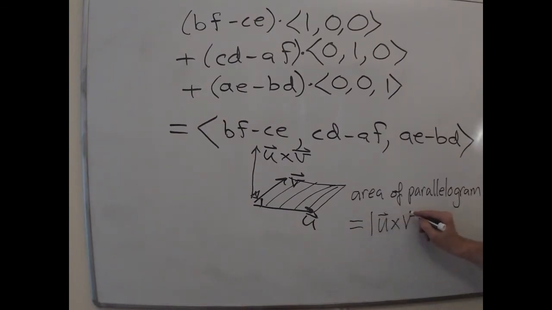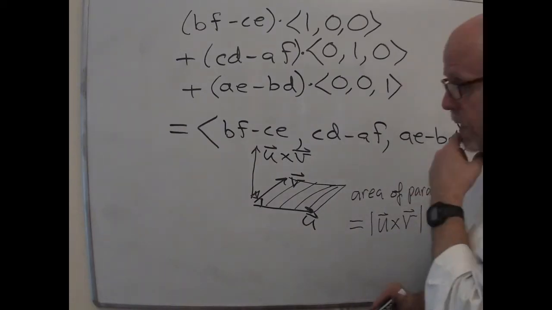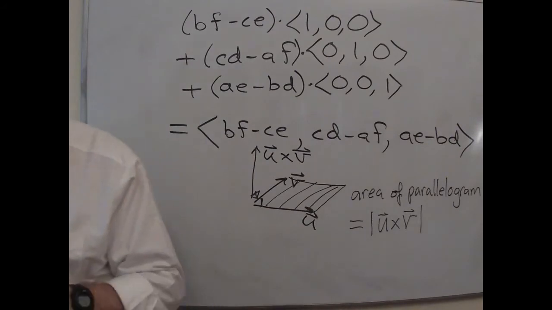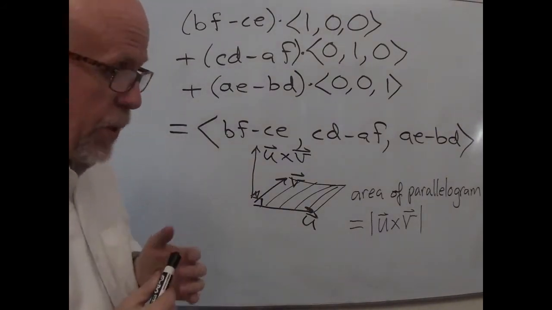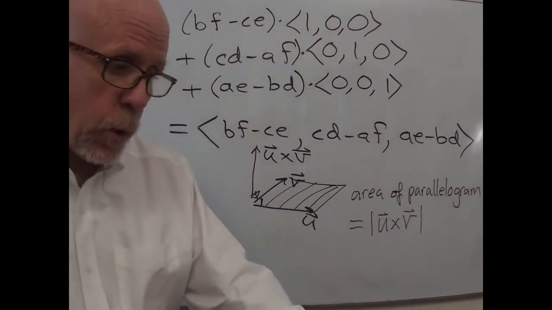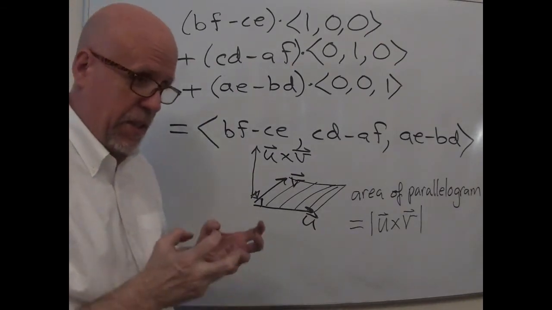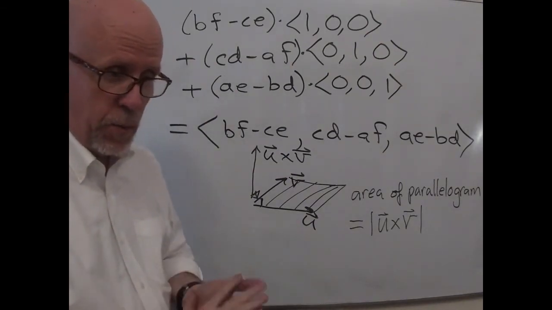That's just kind of amazing stuff. And there's more. This cross product calculation is exactly the right thing to do when you're interested in computing torques. So it has a mechanics kind of meaning to it as well.